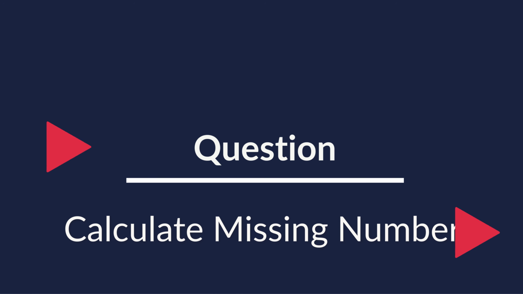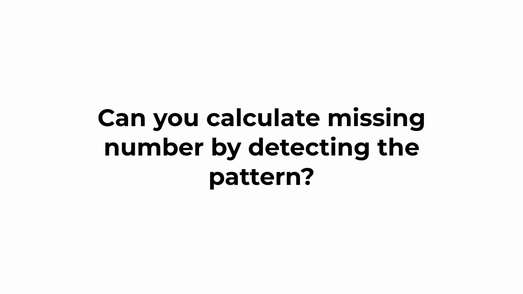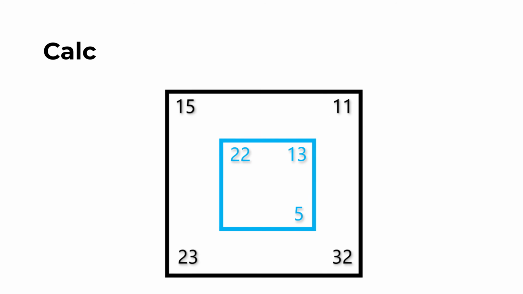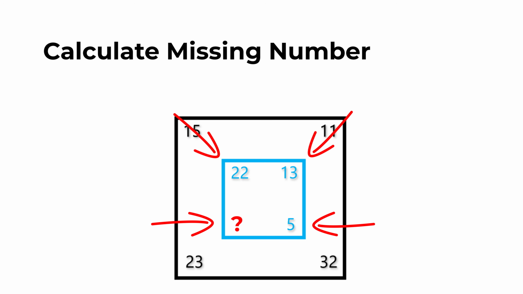This is a very interesting question which requires you to do calculations based on the pattern that you need to detect. You're presented with 2 squares. The small square is located inside the larger square. There are numbers in all corners of the larger square as well as in all corners of the smaller square. If we start looking at the numbers in the upper left corner and go clockwise, you see the numbers 15, 11, 32, and 23.